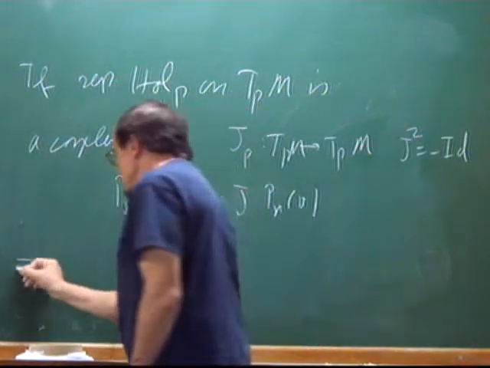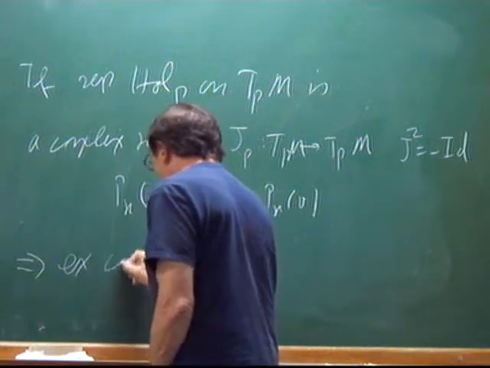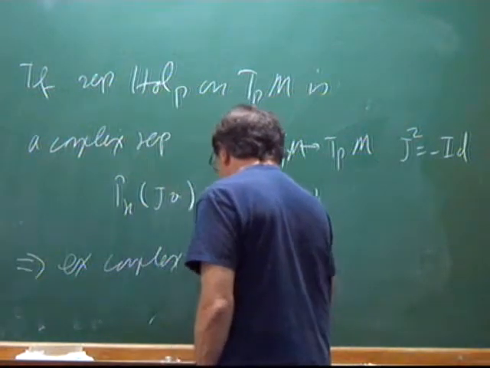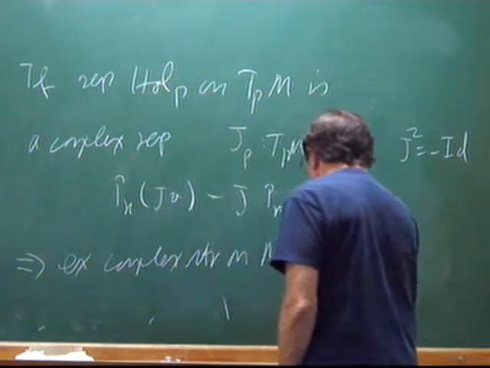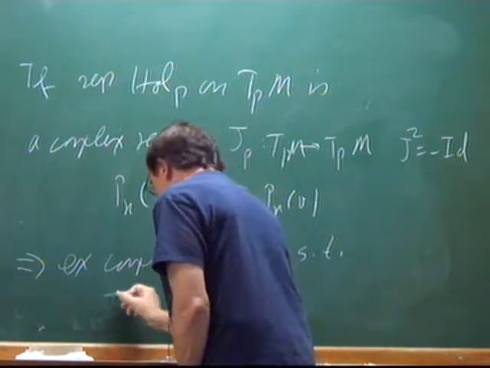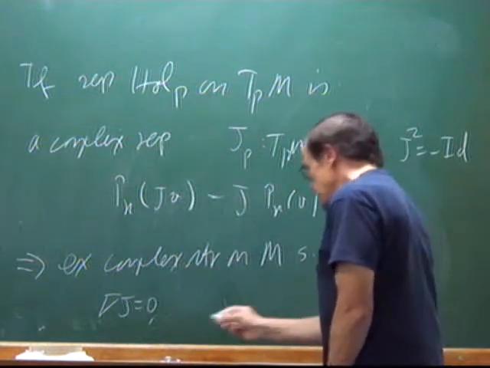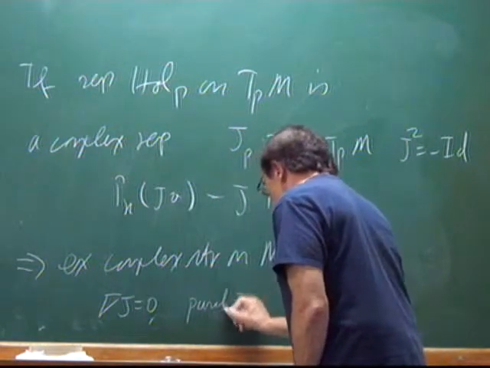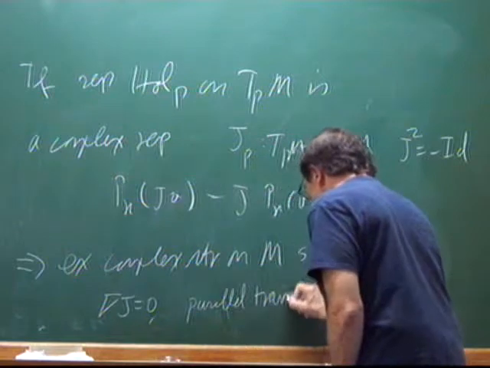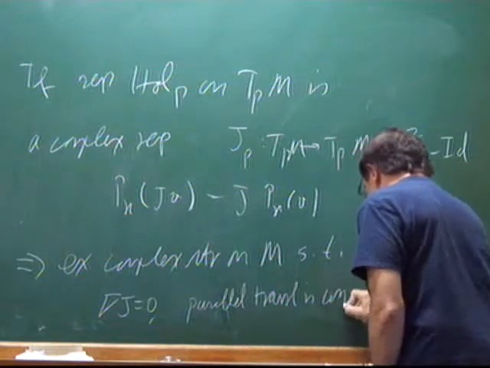This implies that there exists a complex structure on M such that nabla J is 0. Or in other words, parallel translation is complex linear.